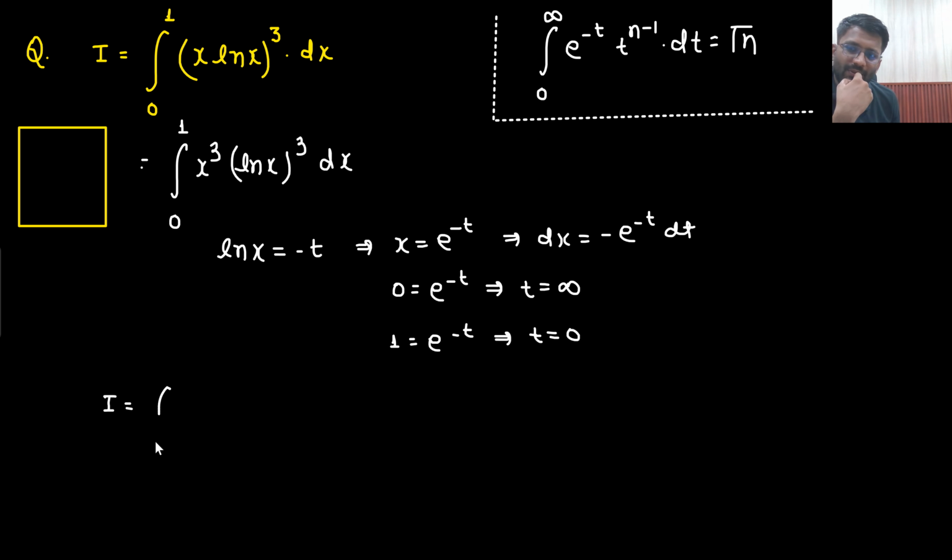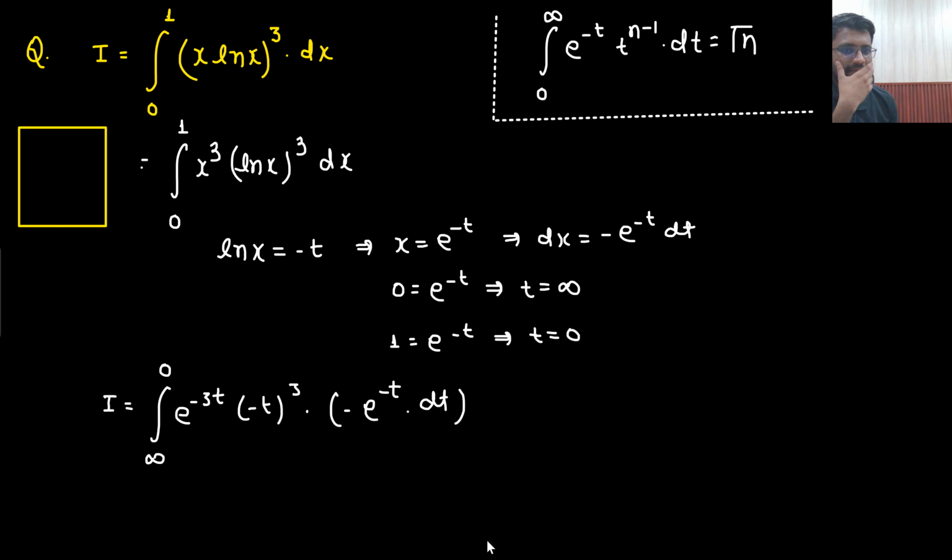So I equals, if x is 0, then t tends to infinity; if x is 1, t tends to 0. x to the power 3 will become e to the power minus 3t. Now in place of ln x, what am I putting? Minus t, so (minus t) to the power 3. In place of dx, I will get minus e to the power minus t dt.